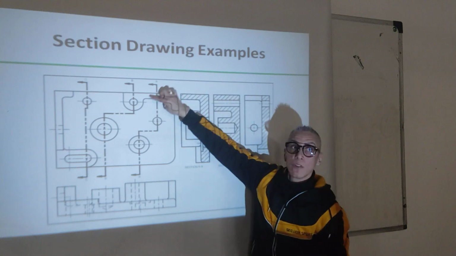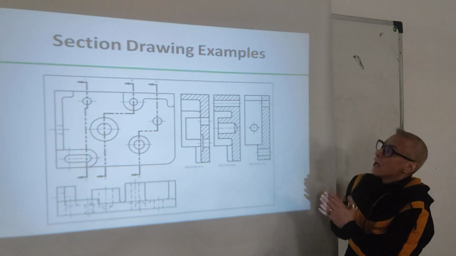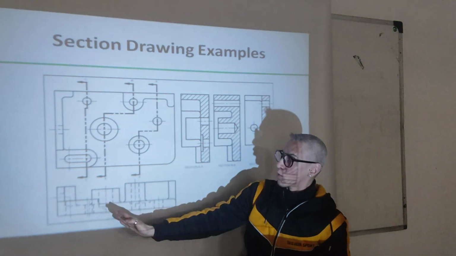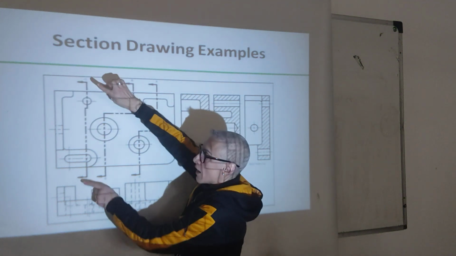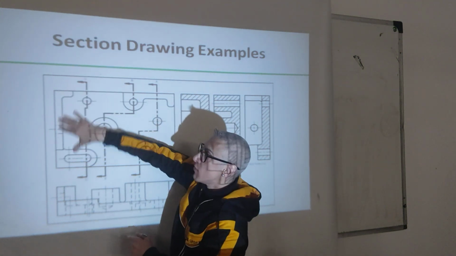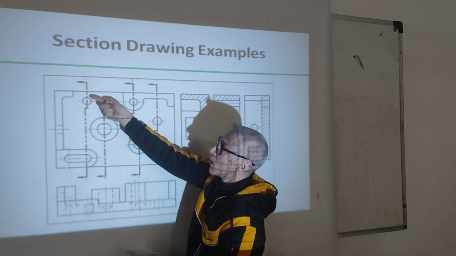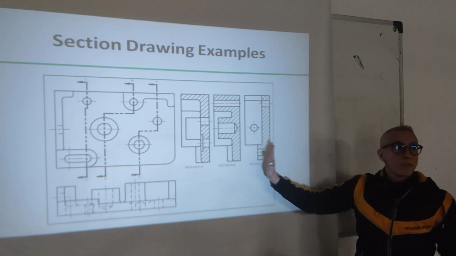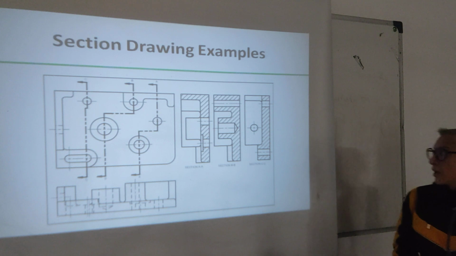So, they are aligned with each other, so they are put in their correct location, but each one has a different cut through. Now, section CC cuts through this object, meaning the arrows are that way, so we keep only this object, and all of this is deleted. So, we see what's going on here, okay? That's why each one looks different, because they are cut in different locations. Okay.